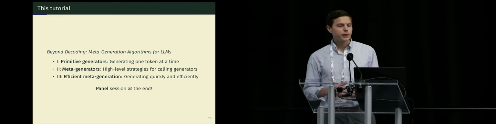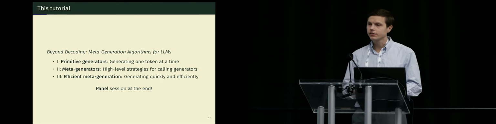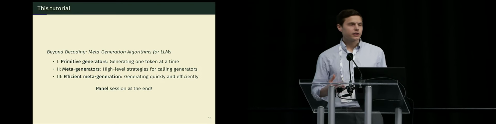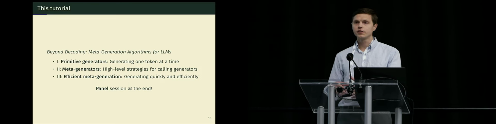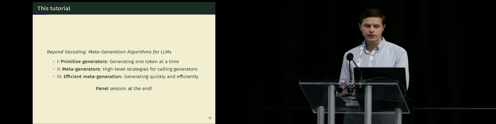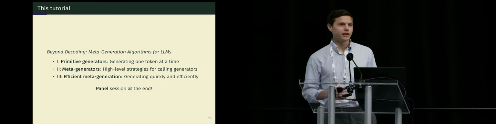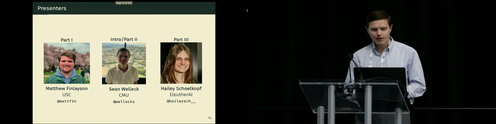And then finally, we'll talk about an extremely important aspect for scaling these up, which is efficiency. How do you generate quickly and efficiently, and even take advantage of the particular form of some meta-generators? Then we'll have a panel session at the end, so please be sure to stick around for the whole time.